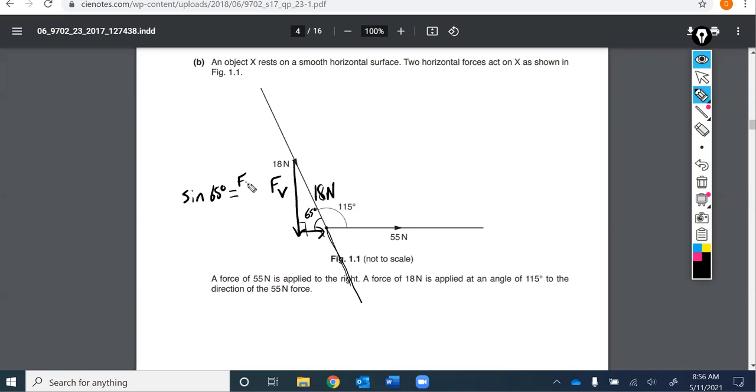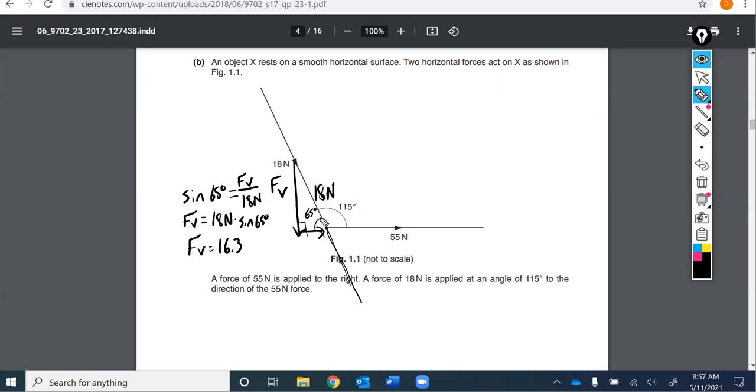So it equals the vertical component of this 18 newton force divided by the hypotenuse, which is the 18 newtons. So the vertical component of that force is going to be equal to 18 newtons times sine 65 degrees. Sine of 65 is 0.906 times 18. So we get the down component 16.3.